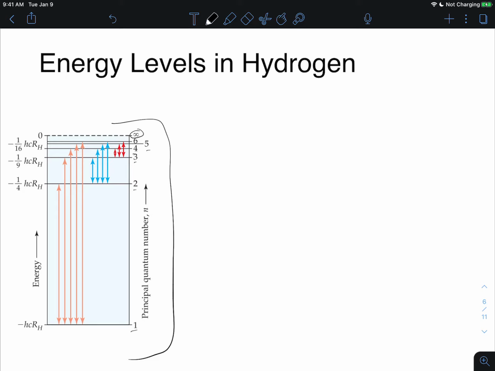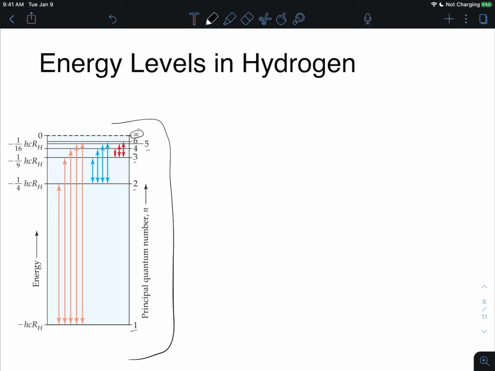So the difference in energy between our n equals 1 and n equals 2 states is significant. And it decreases as we go from n equals 2 to n equals 3, and then n equals 3 to n equals 4, n equals 4 to 5, so on and so forth. So the difference between the energy levels decreases as we get to a larger n value.